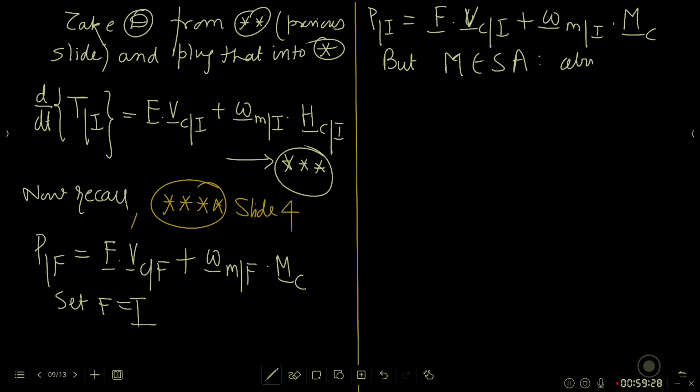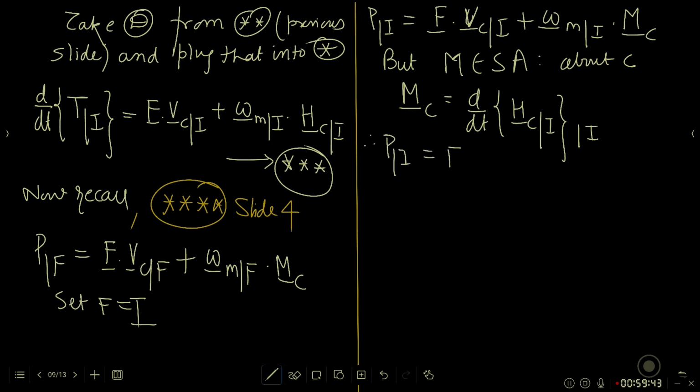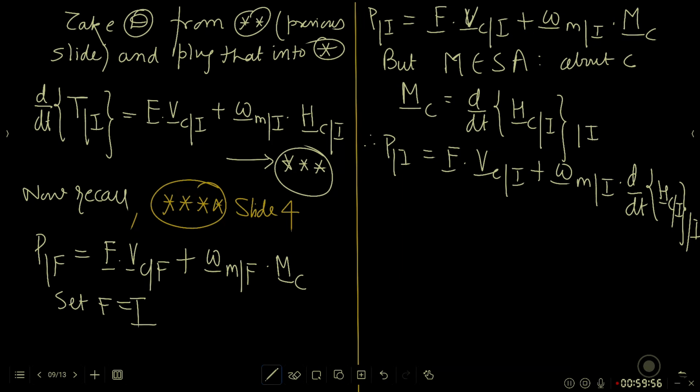Now compare this 5 star with 3 star. 5 star is the same as 3 star, except that I forgot this symbol. This has to be there. I forgot to put it here. This must have been HCI. They are the same.